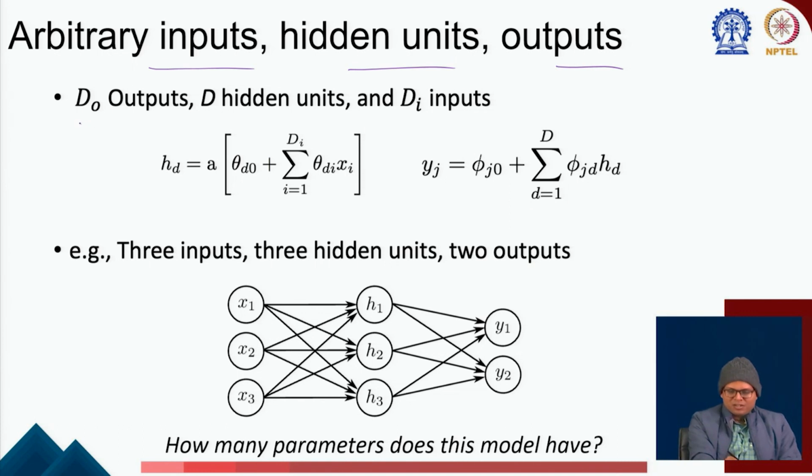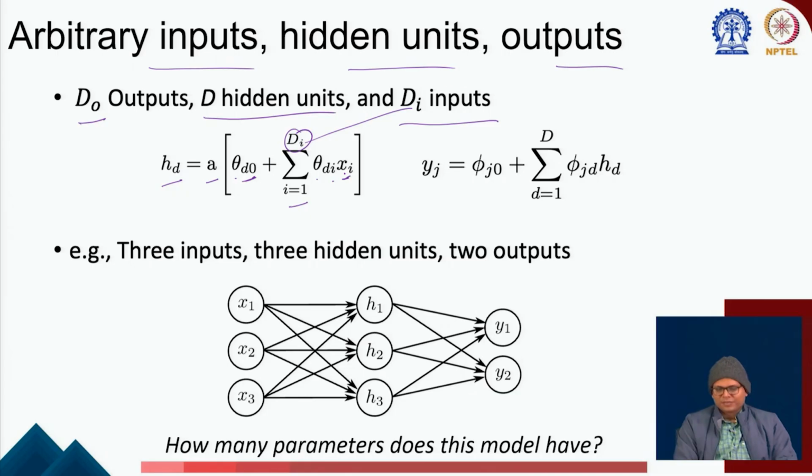Let's say you have d naught outputs, D hidden units and di inputs. So what would you do? First of all, you have to have some way of describing the d-th hidden unit. The d-th hidden unit is nothing but a nonlinearity over theta d naught, the bias term, plus the sum over i equal to 1 to di of theta d i x i, right.